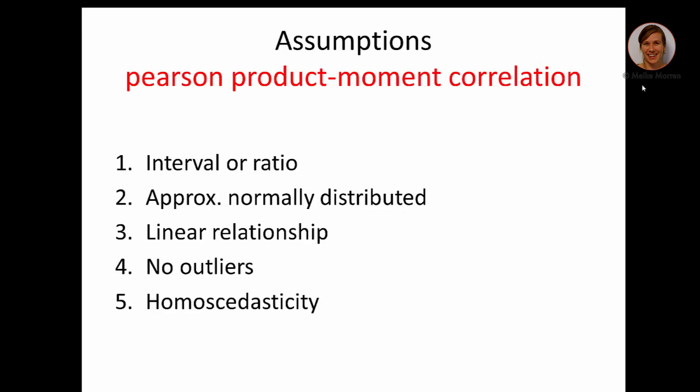Now, the test of the correlation coefficient also is based on assumptions. Usually, with the correlation coefficients, we refer to the Pearson product moment correlation. With this specific coefficient, we make the assumption that, again, the variable is measured at the interval or ratio level, that it is approximately normally distributed, that the relationship is linear, that there are no outliers, and that there exists homoscedasticity.